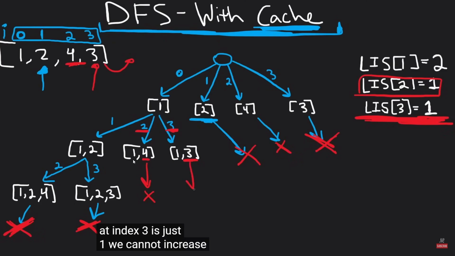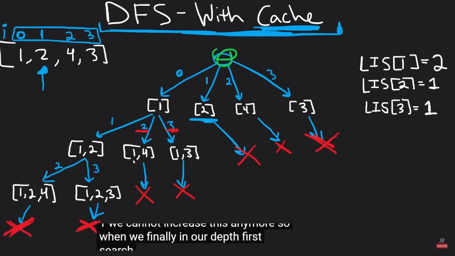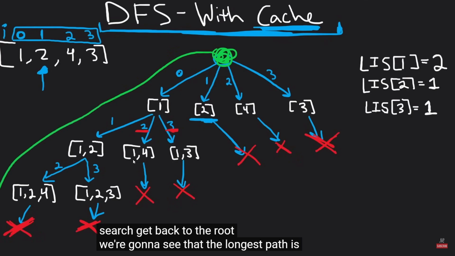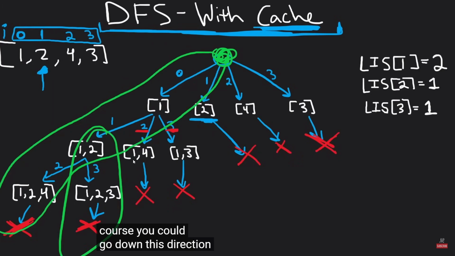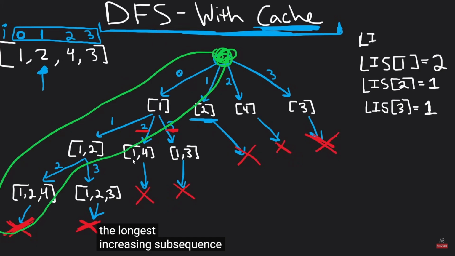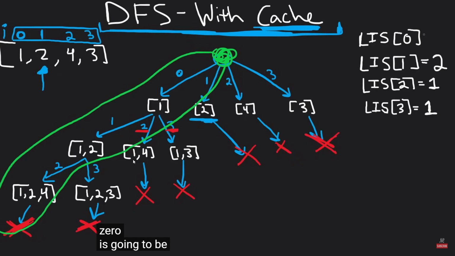We cannot increase this anymore. So when we finally, in our depth first search, get back to the root, we're going to see that the longest path is one of these, right? Either that, or of course you could go down this direction, but either way, the longest increasing subsequence starting at index 0 is going to be 3.